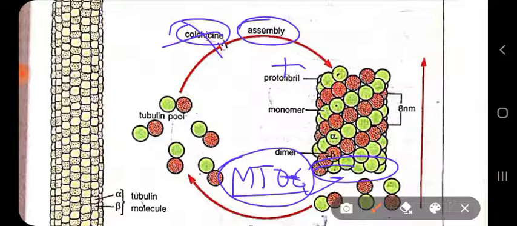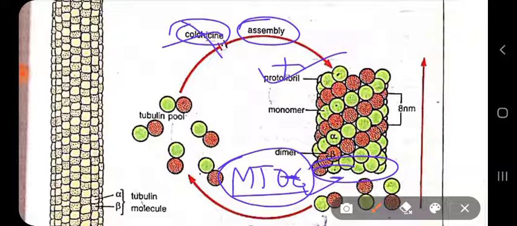These MTOCs are the sites where polymerization of the microtubule occurs. They hold the microtubule so that more assembly at the plus or positive growing end can take place. It protects the minus end, the slow growing end of the microtubules, from disassembly.